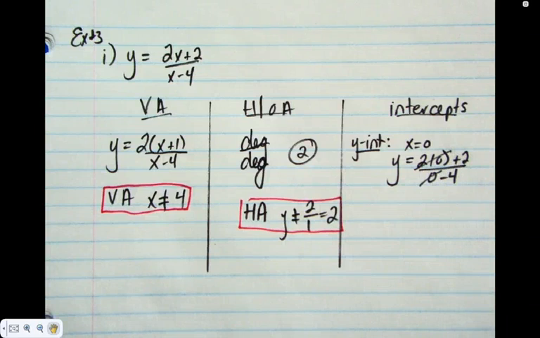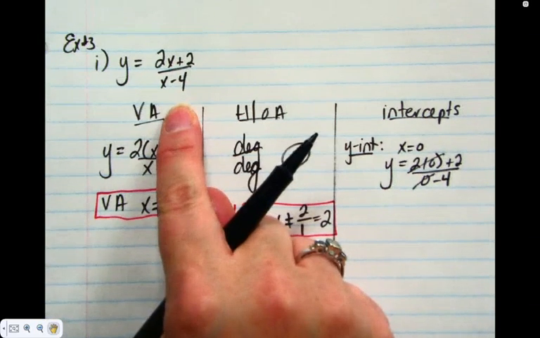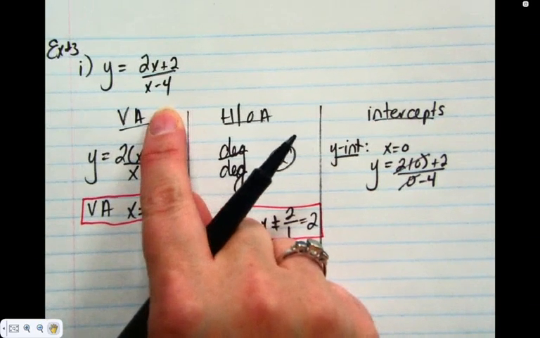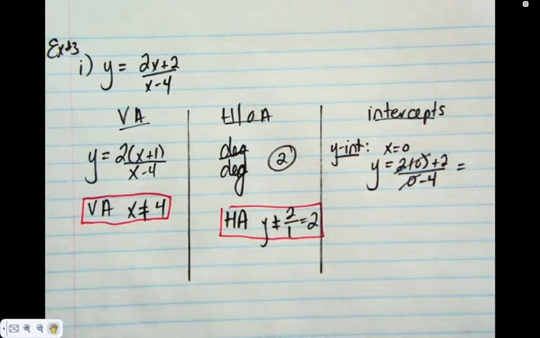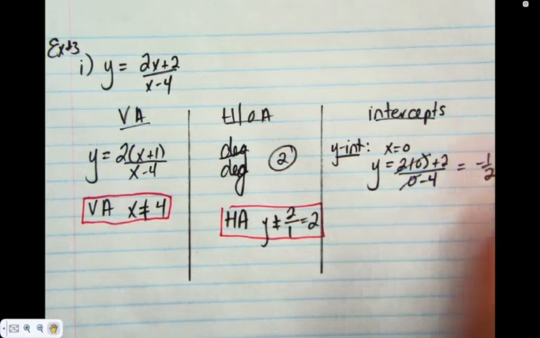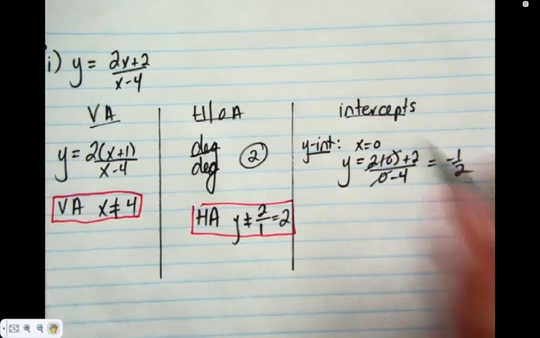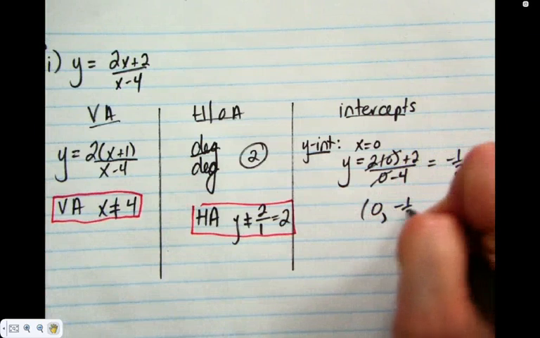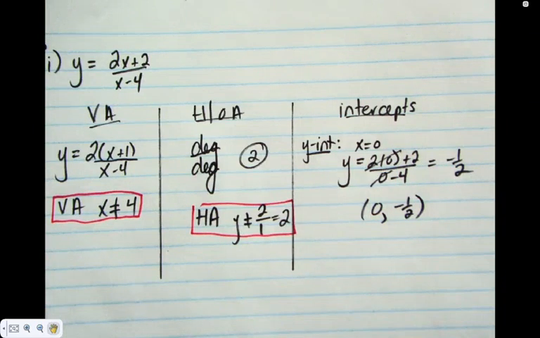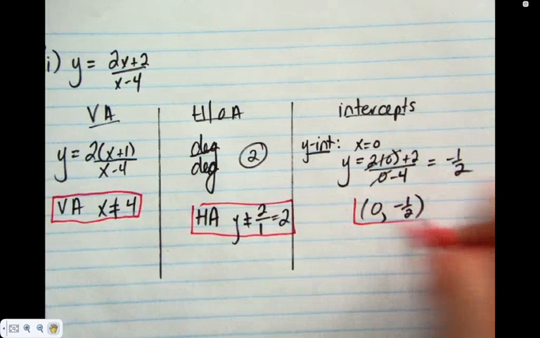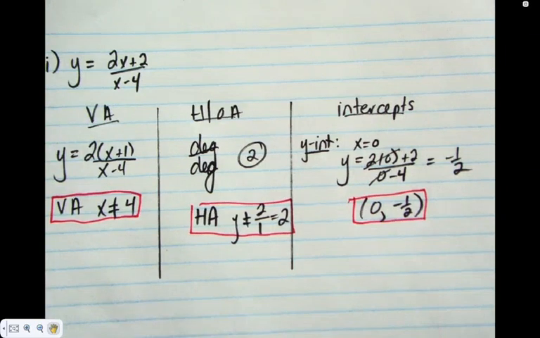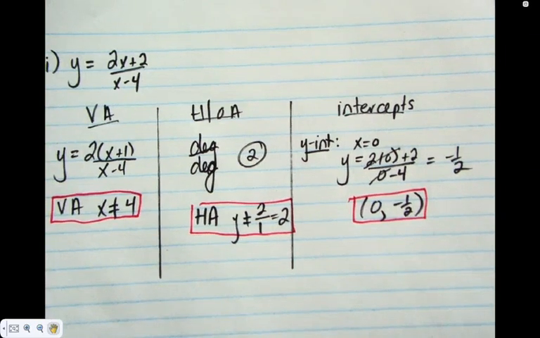So all you're looking at are the numbers that are left, which is 2 divided by -4. If we reduce it, what's 2 divided by -4? -1/2. So you don't need to show this step. If your brain can see it's -1/2 right away, it's -1/2. I like to write the coordinate just to remind ourselves this is a point, not an asymptote, not anything else. It's a point on the graph. The graph is going to cross through 0, -1/2.